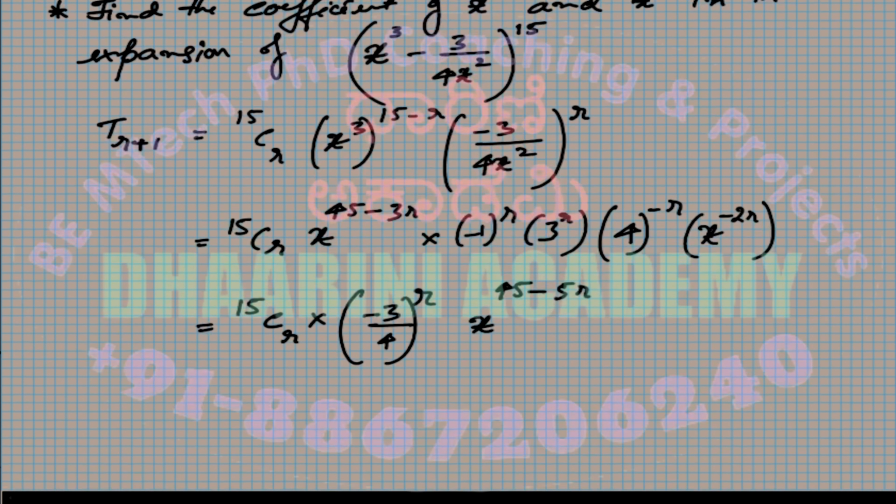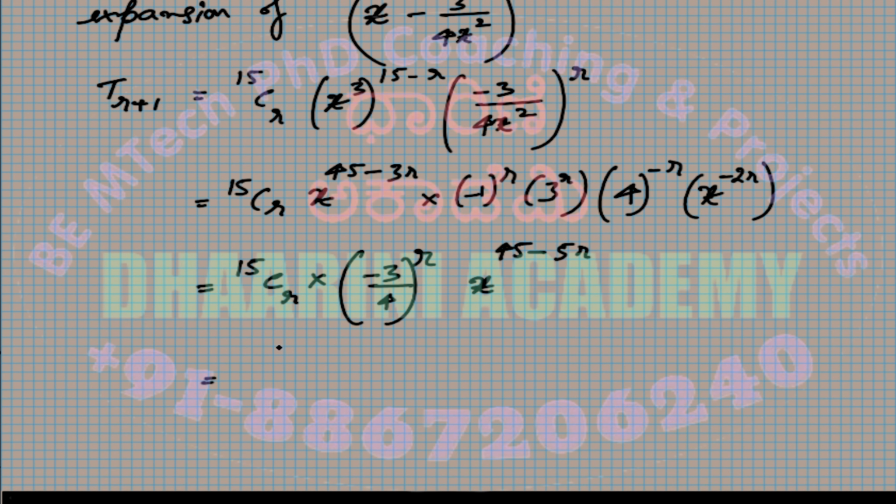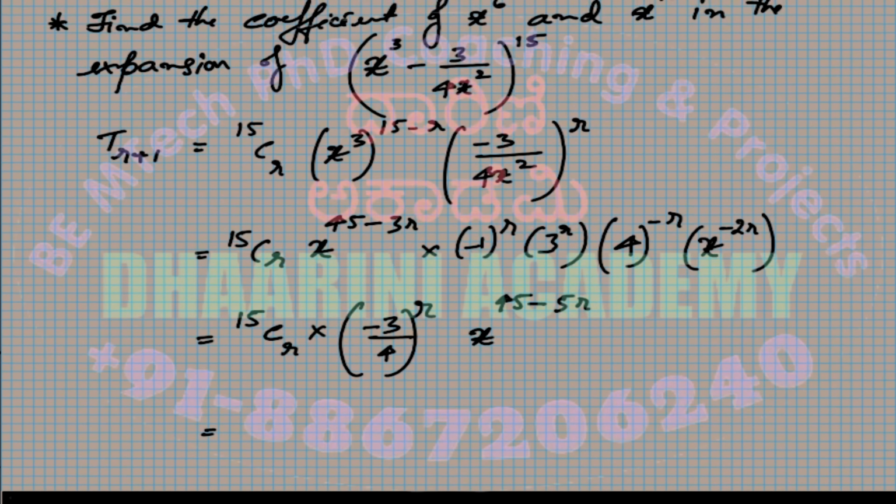So try to simplify this. Now this is the term. I just have to find out at what point this expansion becomes equal to x to the 6. So I have to write 45 minus 5r is equal to 6. So 5r is equal to 45 minus 6, that is 39.